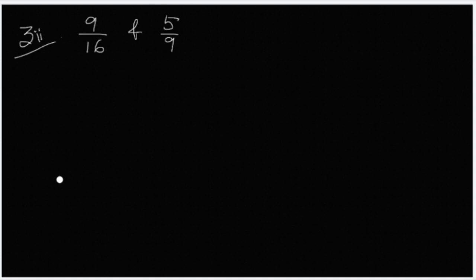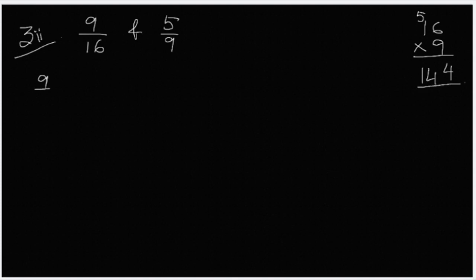So the product of 9 and 16 will be the LCM of these two numbers, the denominators. So let us find out the product. 16 into 9, 9 sixes are 54, 9 ones are 9, and 5 will be 14, so 144.